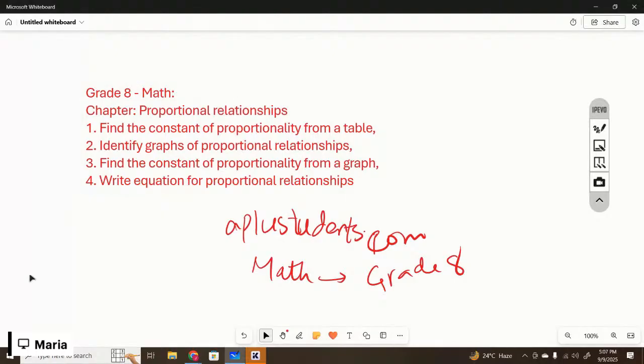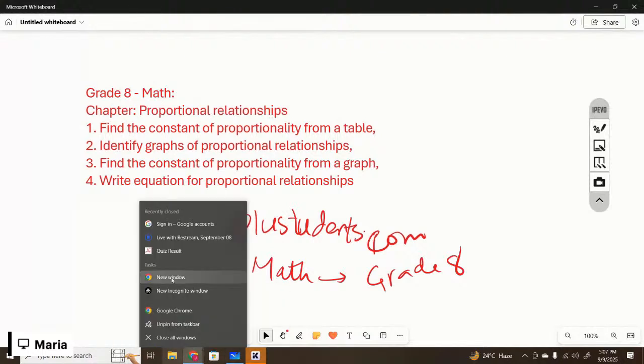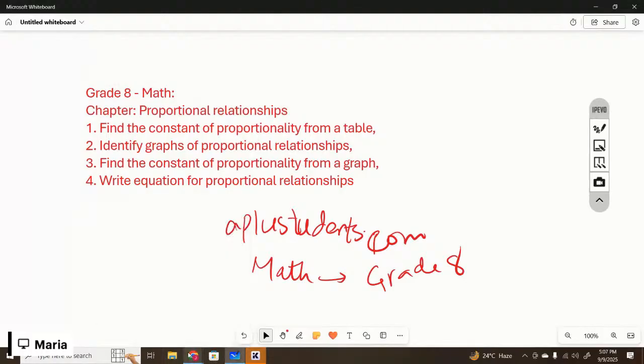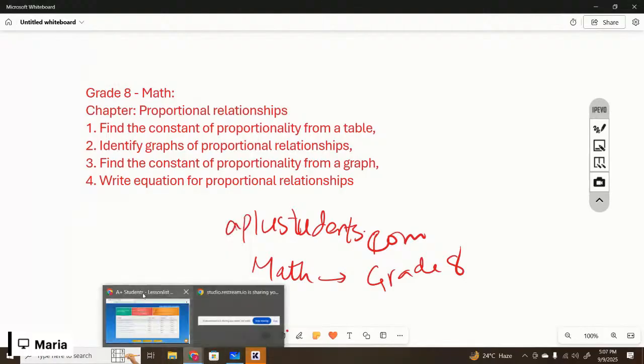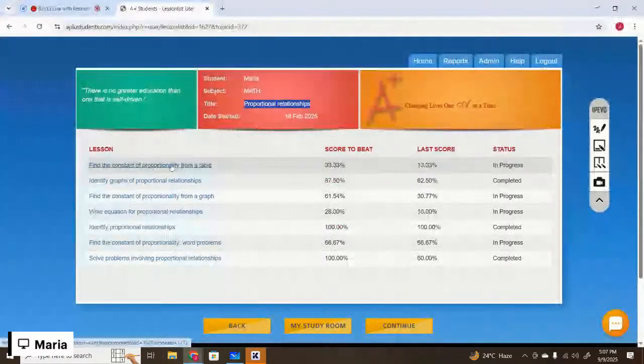Okay, here I'm on grade 8 math. Okay, find the constant of proportionality from table.